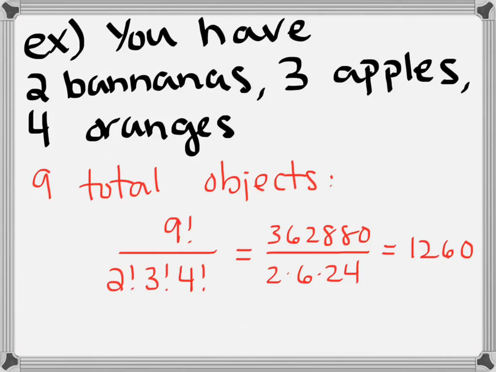So, we plug this all into the formula to get 9 factorial all over 2 factorial times 3 factorial times 4 factorial. These are large numbers, but they're computable, and so we find 9 factorial to be 362,880, 2 factorial is 2, 3 factorial is 6, and 4 factorial is 24. Lastly, when we divide the numerator by the denominator, we end up with 1,260.